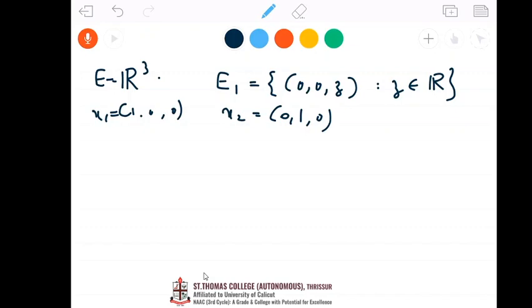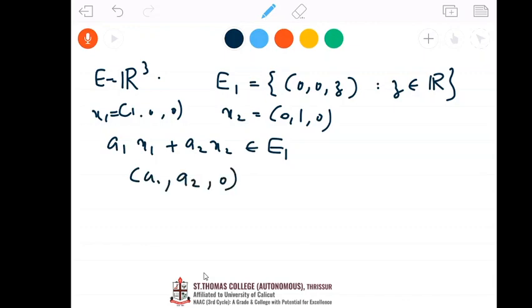x1 and x2 are linearly independent relative to E1, because suppose some a1 x1 plus a2 x2 is in E1. a1 x1 means (a1, 0, 0), a2 x2 means (0, a2, 0). If we add them, we will get (a1, a2, 0). This is in E1.